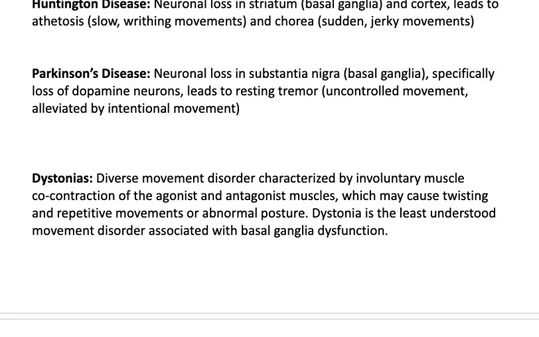But if you think about an agonist muscle doing one movement, you have an antagonist muscle that's going to do the opposite movement. So if you think of your biceps and triceps, if those are acting at the same time, then you're going to have movement issues. And that's why you get the twisting and repetitive movements or abnormal posture.